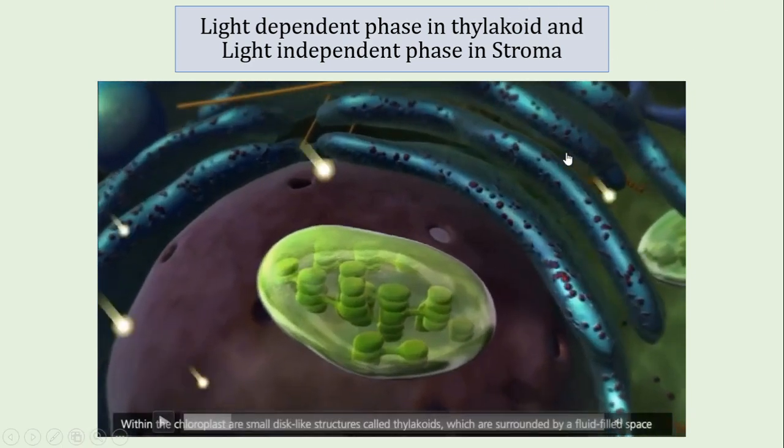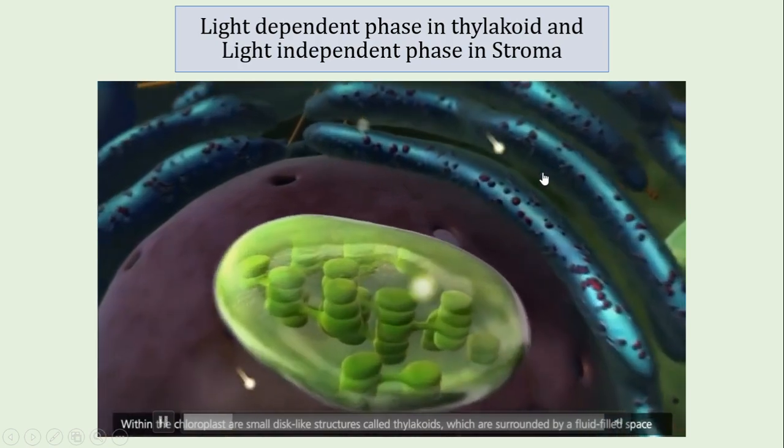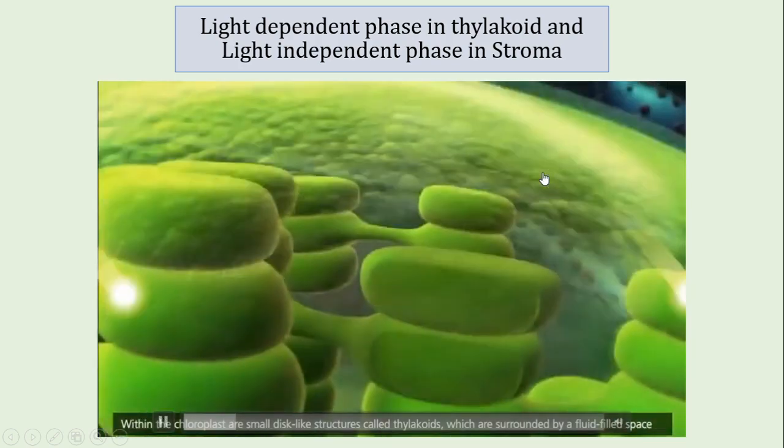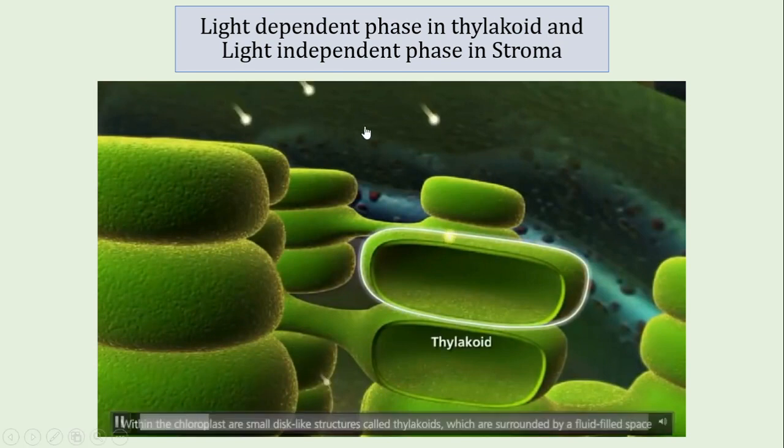Inside the chloroplast we see there are thylakoids, a multiple number of thylakoids. Multiple thylakoids produce a granum, and the liquid part is called the stroma. The thylakoids are small disc-like structures surrounded by a fluid-filled space called the stroma.